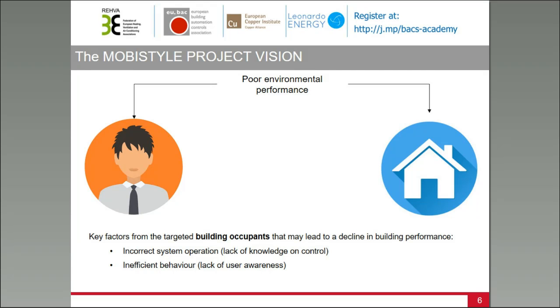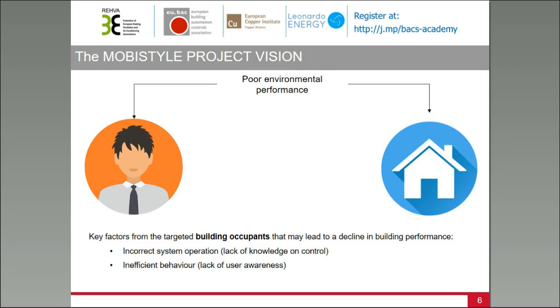But still, little research or actual implementation of solutions is made when we think about key factors from the building occupant side that might lead to a decline in building performance. And here we try to isolate two main reasons. The first one is the incorrect system operation.